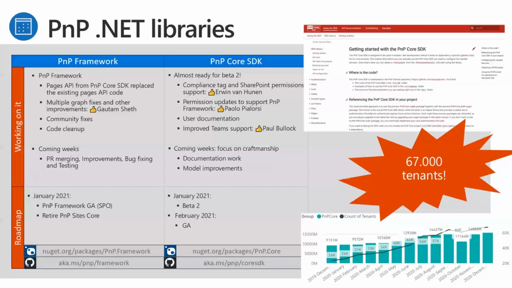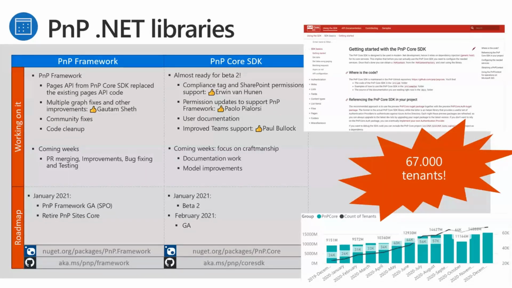For PnP Framework, one of the main things is that we removed the Pages API code. For the folks that use the library or the PnP templates, there is an API that you can use to create modern pages and read pages, etc. That has been there for a long time, but now we deleted all that code and replaced it with the same implementation coming from PnP Core SDK.